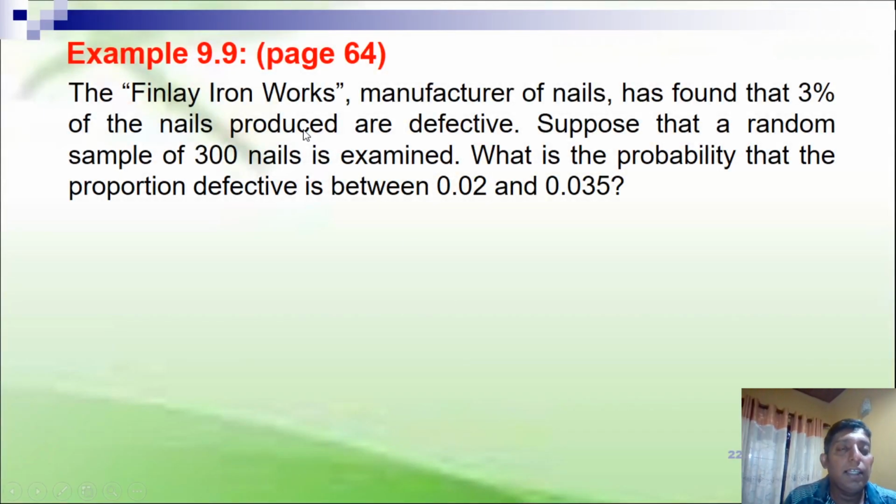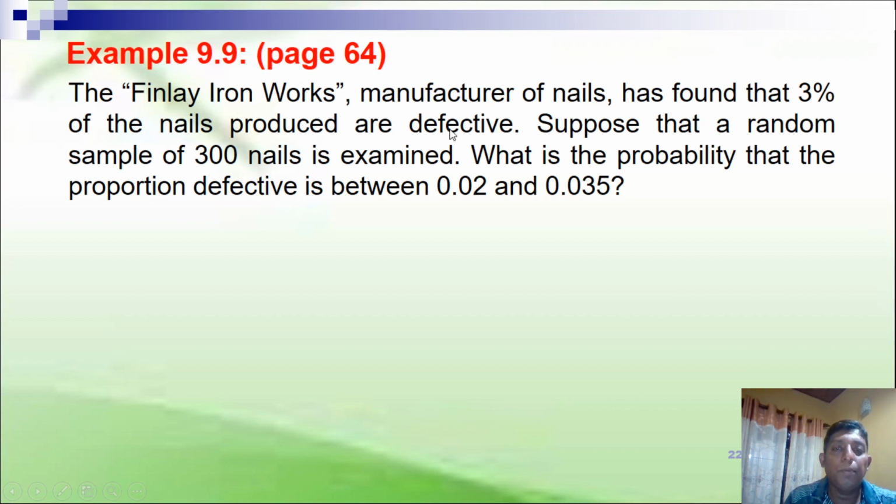Now see the next example, 9.9. Again it is given on page number 64. Just read the question. The Finlay Iron Works, a manufacturer of nails, has found that 3% of the nails produced are defective. Therefore, our success is the defective proportion.